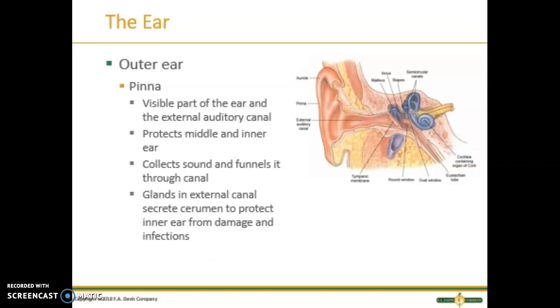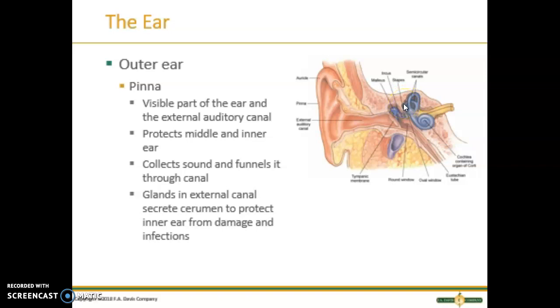You can see a larger image of the ear in your book on page 272, but we're just going to go over some of the parts. Here's the pinna, the external auditory canal, the malleus and the incus, as well as the stapes, if you can see right in there.